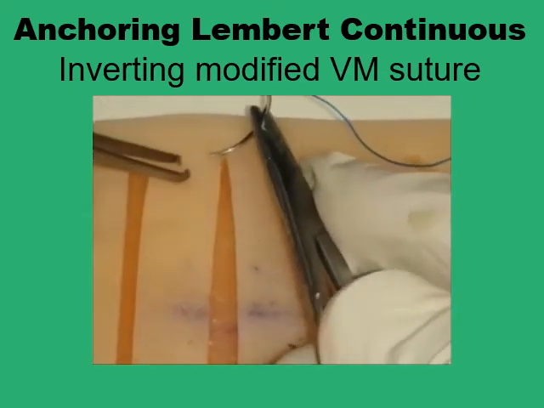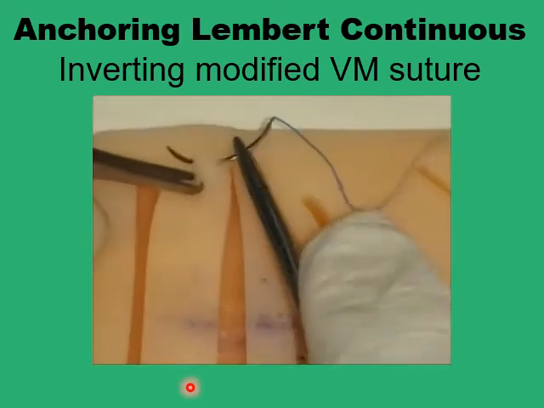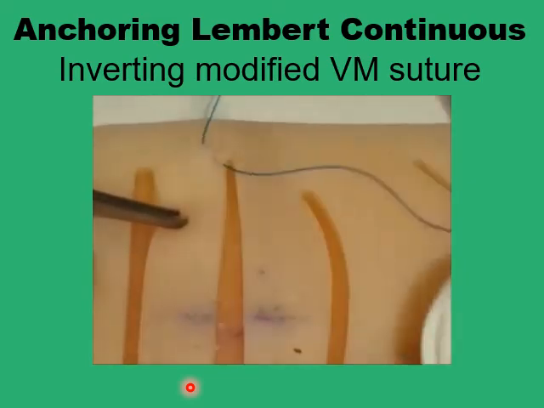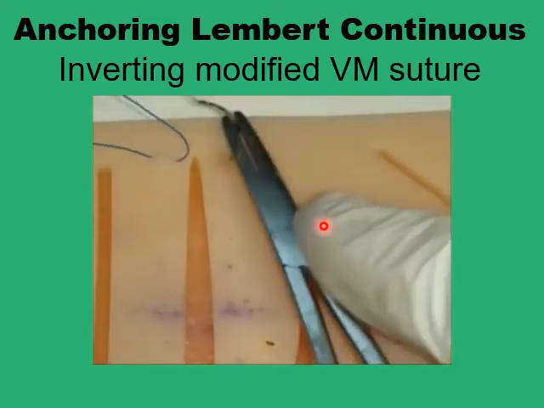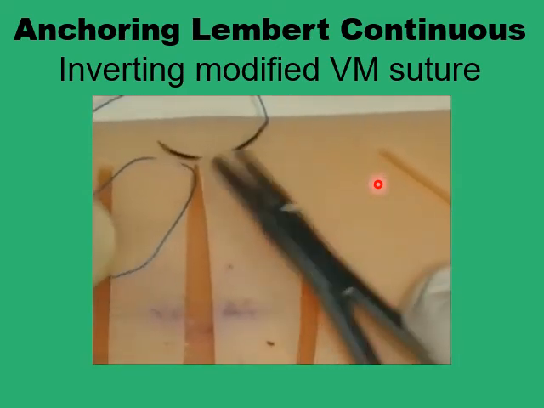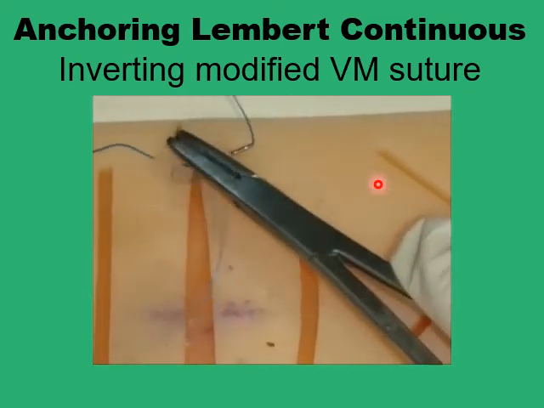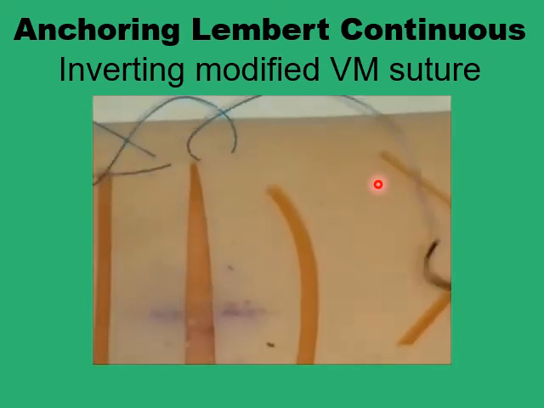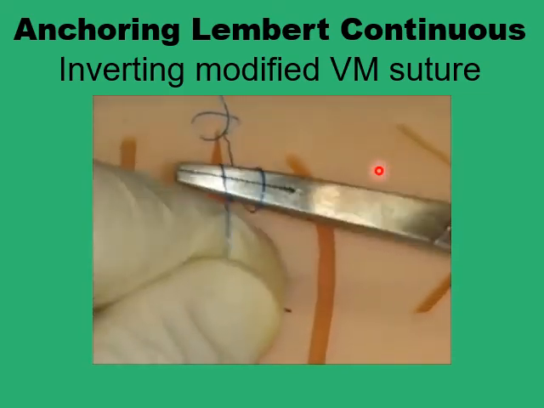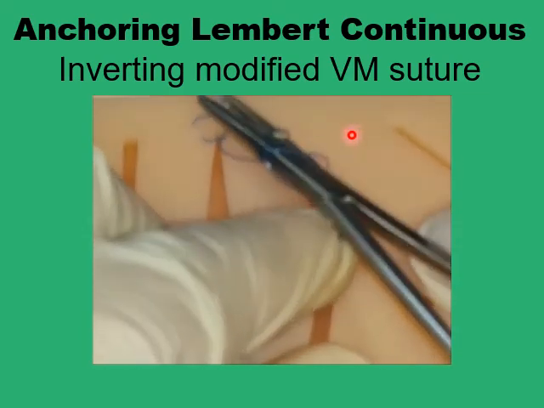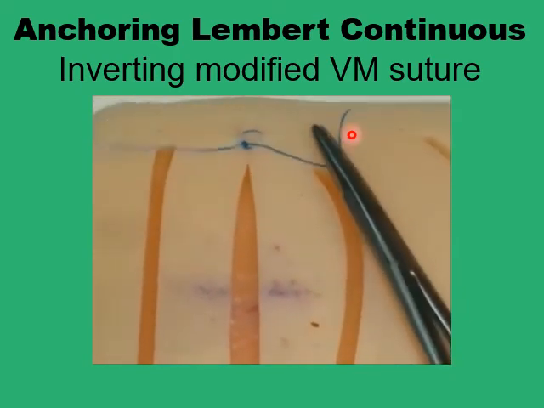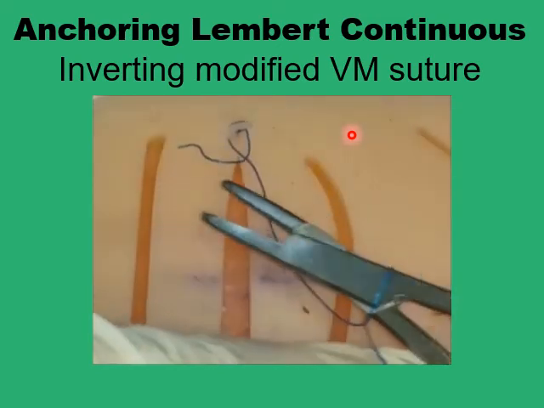You start from near to far on one side, reverse the needle and go to the other side and do from far to near. So this is a vertical mattress orientation, a modified vertical mattress I should say. And then when you tie this, you have two loops of suture lines. The larger is more superficial, that's why you end up inverting the wound edge.